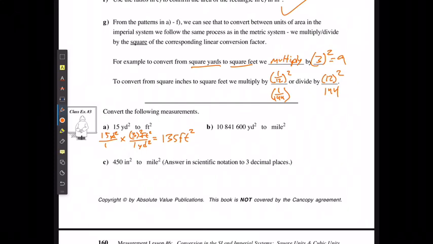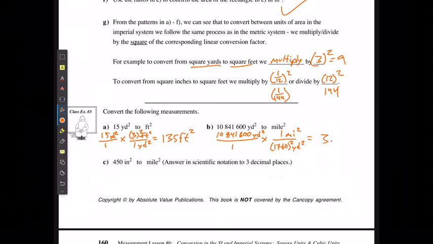If I'm doing 10,841,600 yards squared, and I want to convert it into miles squared, I'm going to multiply that by 1 mile squared over 1760 squared yards squared. And I get 3.5 miles squared.